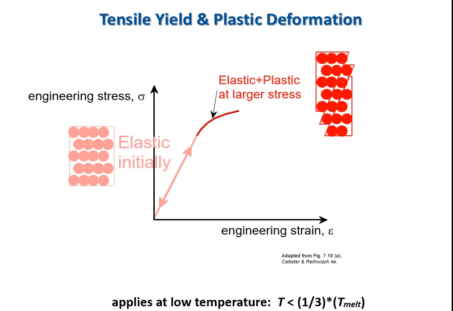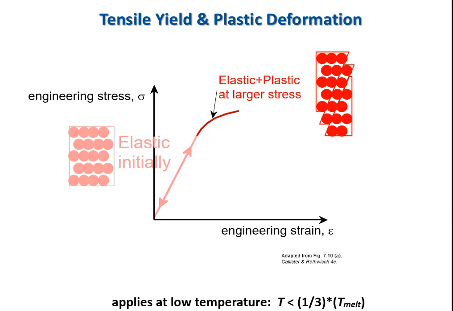But once we got to the point where we could start moving quite a few dislocations, we would start getting our plastic strain, our permanent deformation, and we would notice that we would lessen the slope of our stress strain curve.